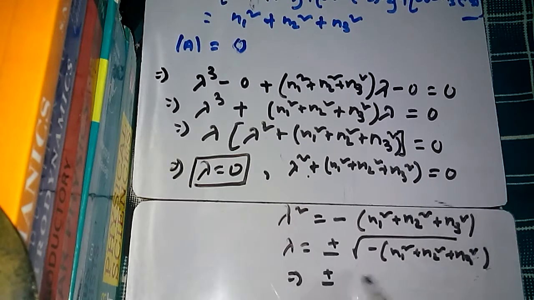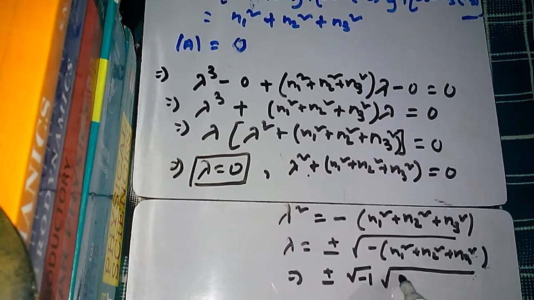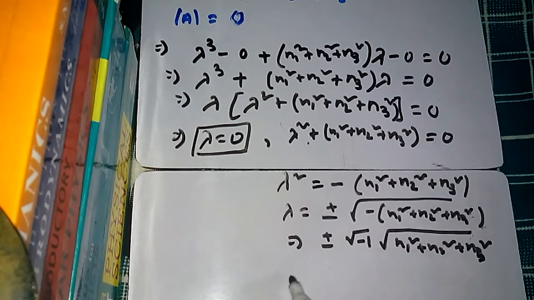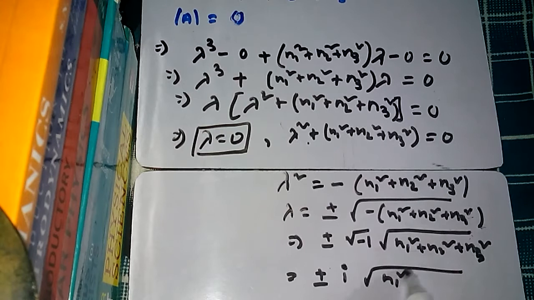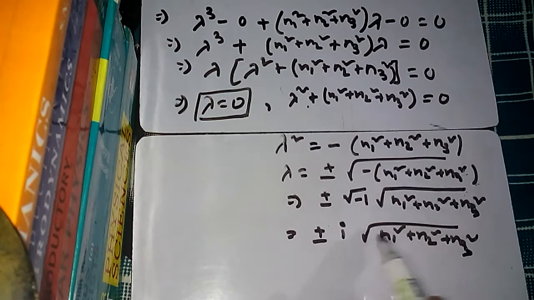So we have plus minus, this is minus 1, we can take out root of minus 1 and have root over n1 square plus n2 square plus n3 square inside. I don't think you have any problem about this. Root over minus 1 is I, and now n1 square plus n2 square plus n3 square, this value is 1.